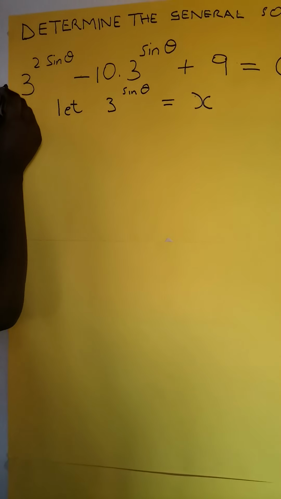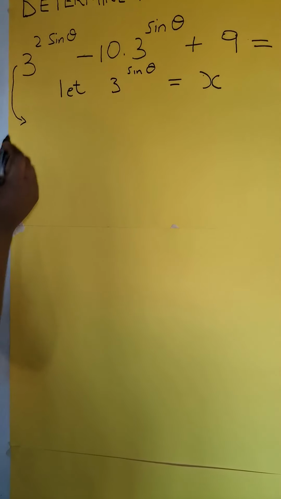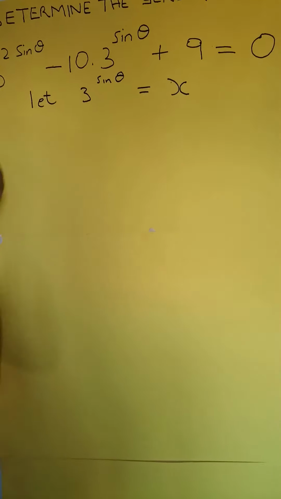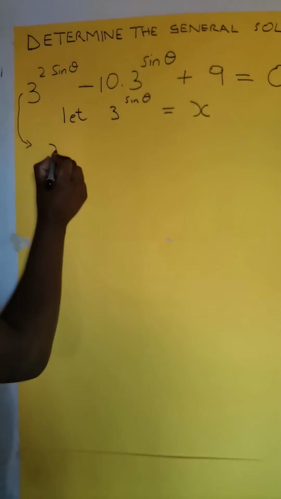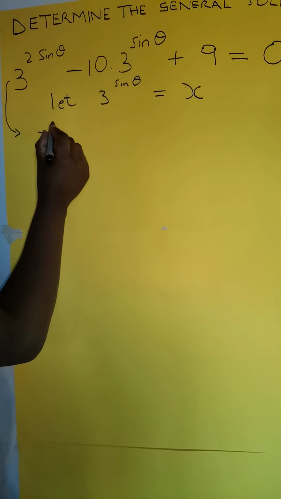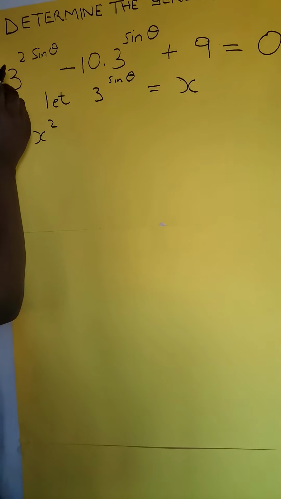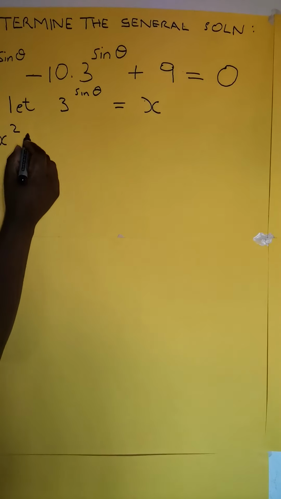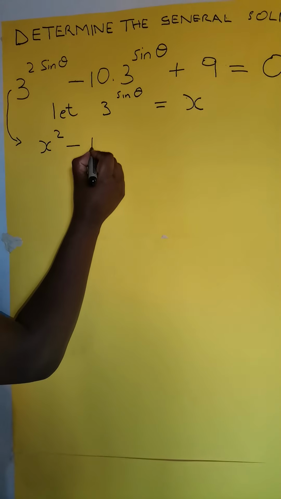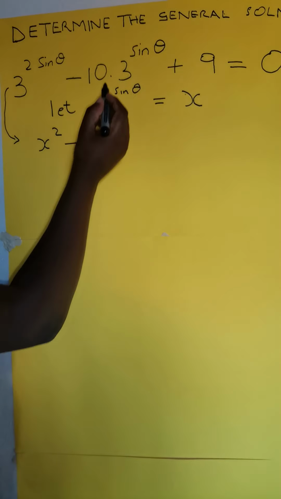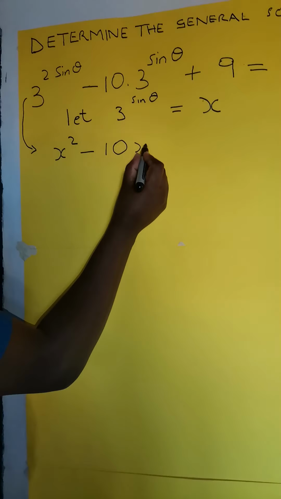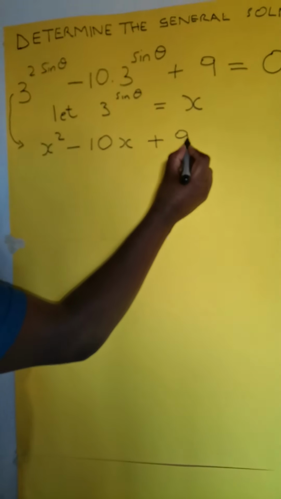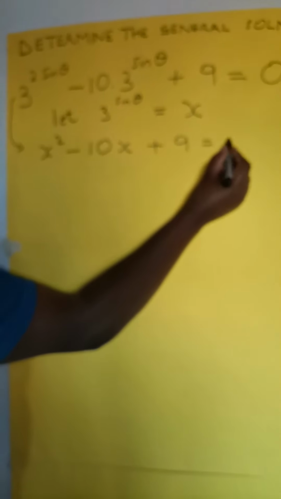You will see that our problem becomes x with an exponent 2, because 3 to the power sine theta is x and then you are left with an exponent 2. Then you have minus 10, and then 3 to the power sine theta is x, then you have plus 9.